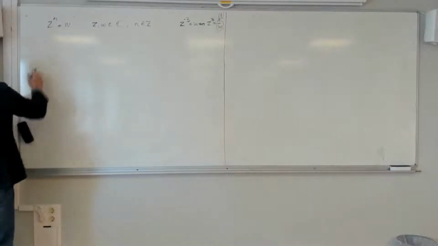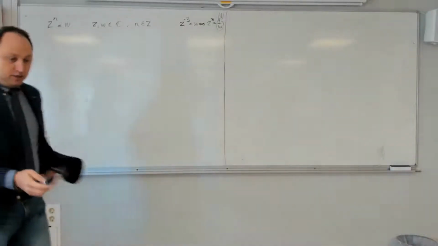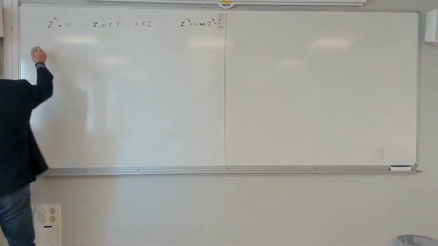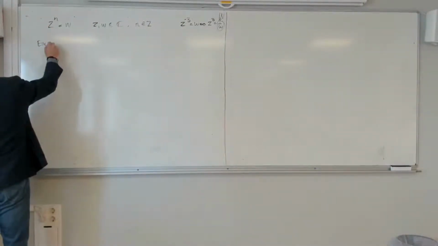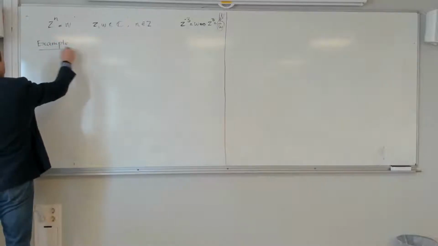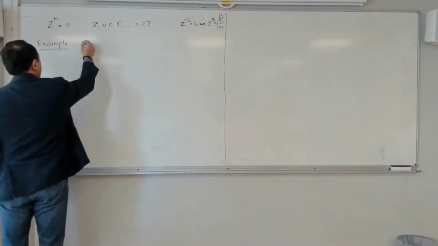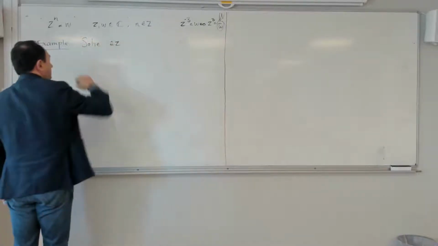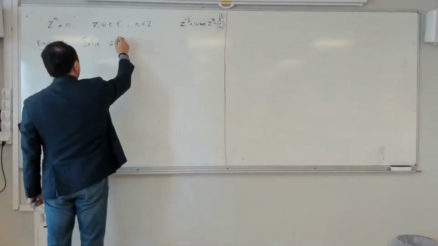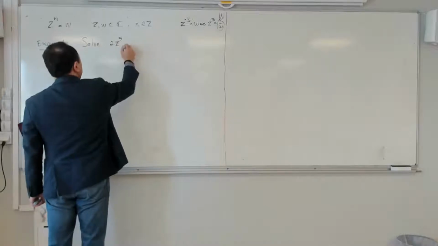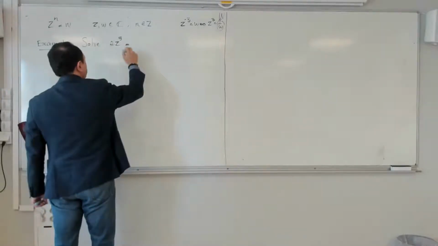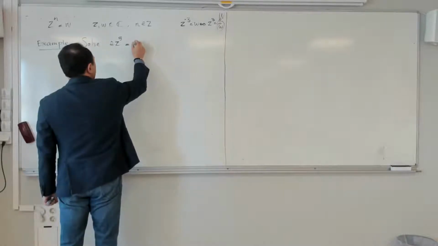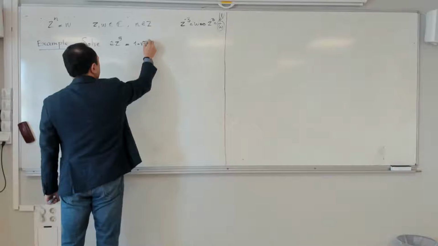So, for example, let us solve this equation: 2z to the power of 5 equals 1 plus square root of 3i.